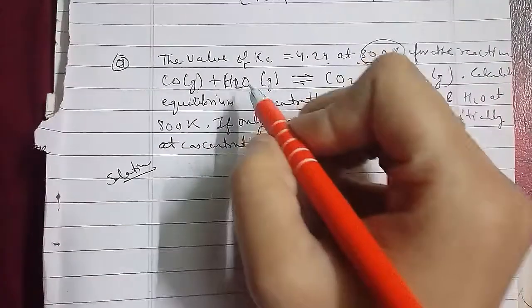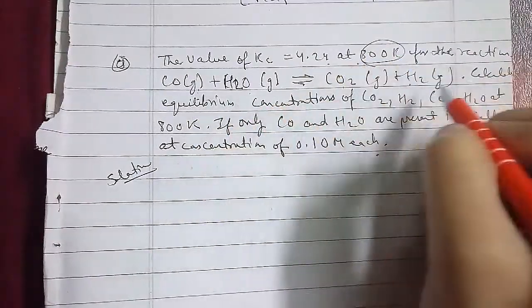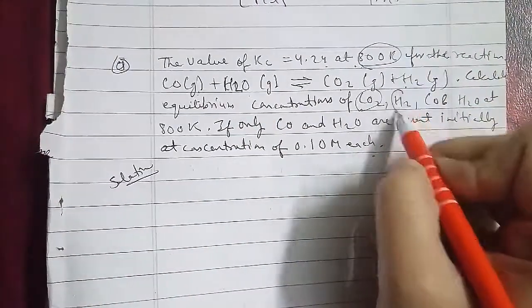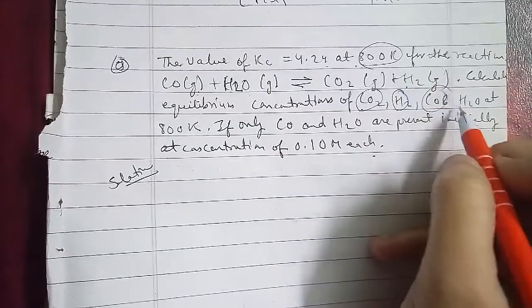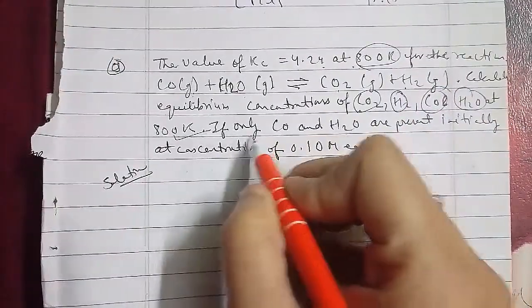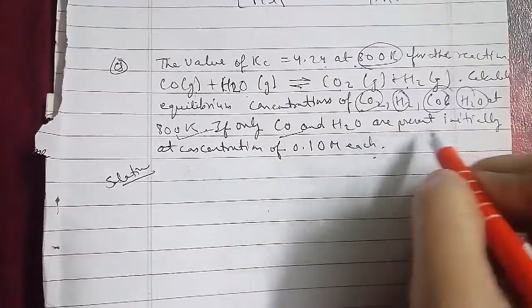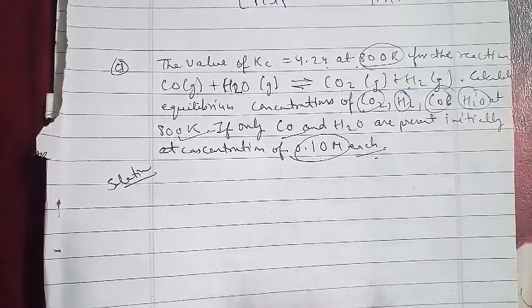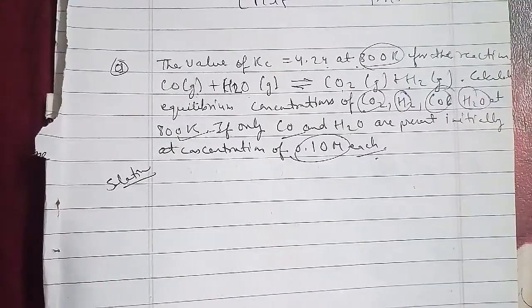So for the reaction, we have carbon monoxide gas plus H2O in the form of gas, which gives carbon dioxide gas plus H2 gas. The initial concentration is 0.1 M and 0.1 M as well, and 0 and 0 for the products.